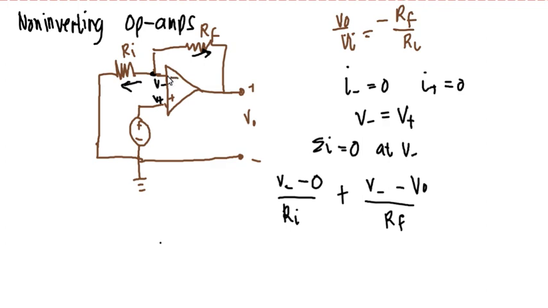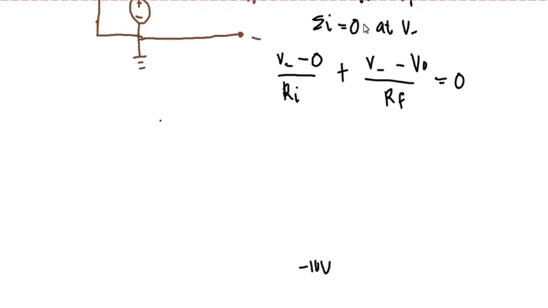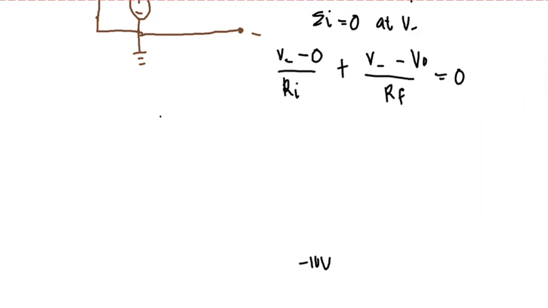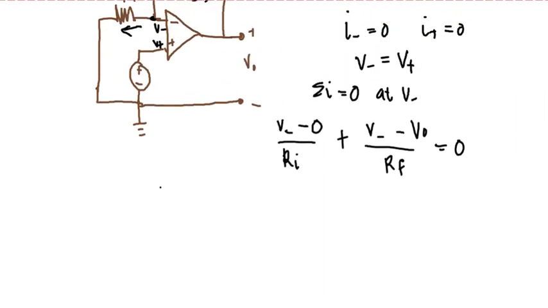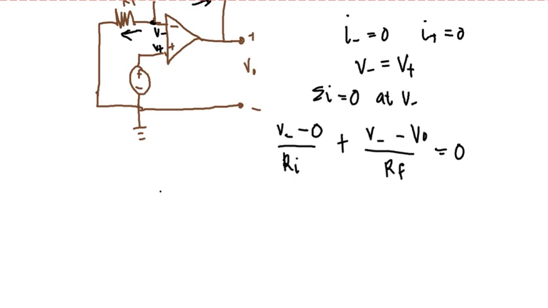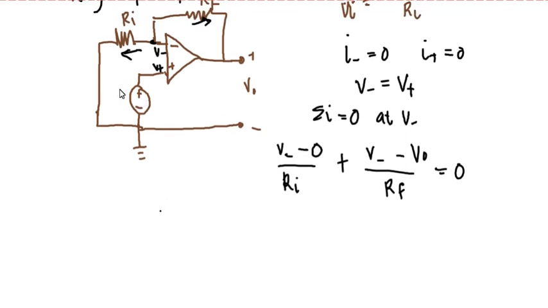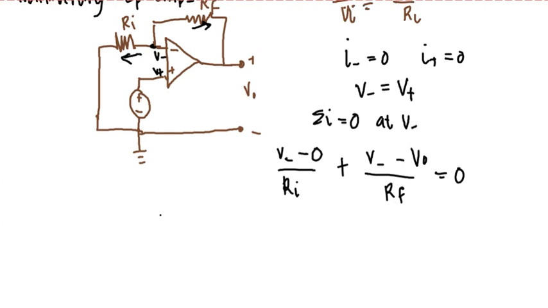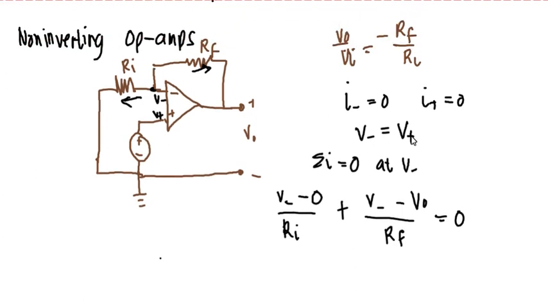So from here, it is automatic, so this will be equal to 0 directly. So let us manipulate our equation. Okay, take note, based on our previous assumption, we have V negative is equal to V positive.